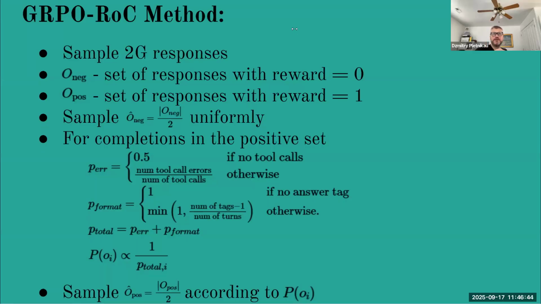My understanding is that p total is p total error. So a higher number for p total would mean less probability of being sampled for the positive set. Which would mean, for example, you're having a lot of tool errors in this trajectory, or a bunch of unnecessary answer tags in the trajectory.